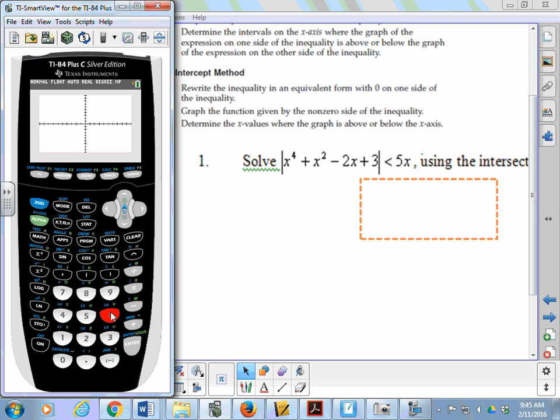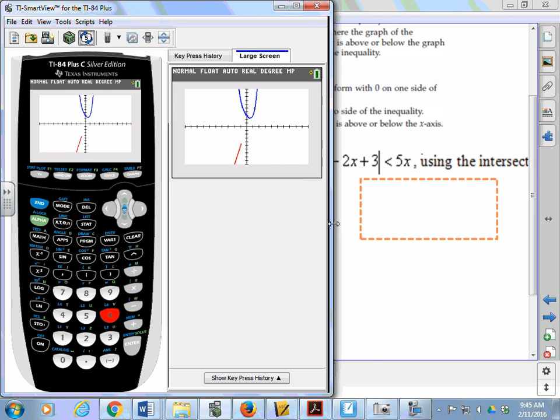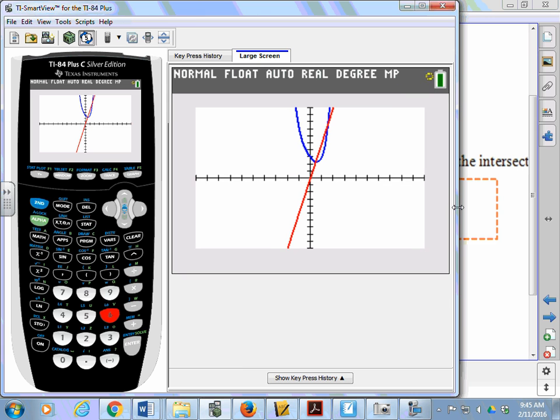Now, one of the things when you're using intersection, it would not be a bad idea to draw it on your paper so that you can see it there. So then you're able to write on it.